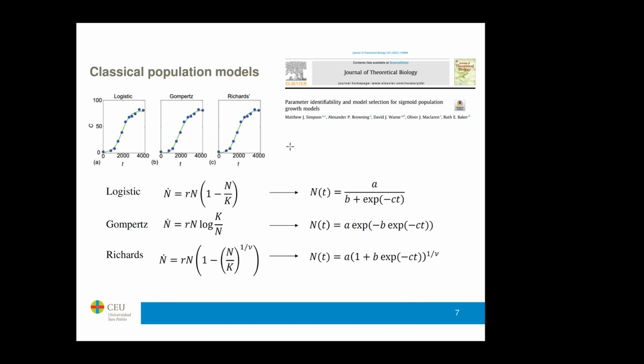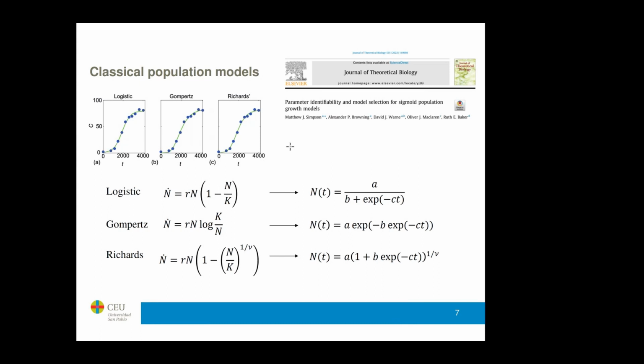They depend on time, and they have, for instance, the logistic. Logistic is the inverse of an exponential. And then you have a few parameters to control how high it is and how fast it grows, and so on. You have different models: logistic, Gompertz, Richards.